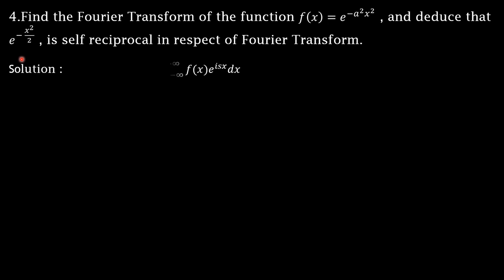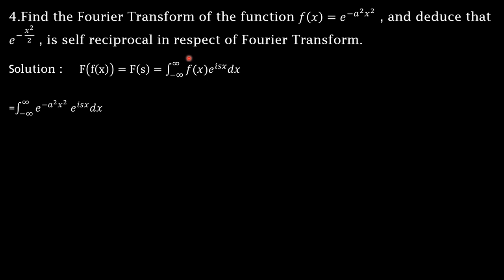is self-reciprocal. From the definition of the Fourier transform, the Fourier transform of the function f of x is given by integration of f of x into e to the power isx dx, where the limits of x are varying from minus infinity to infinity.